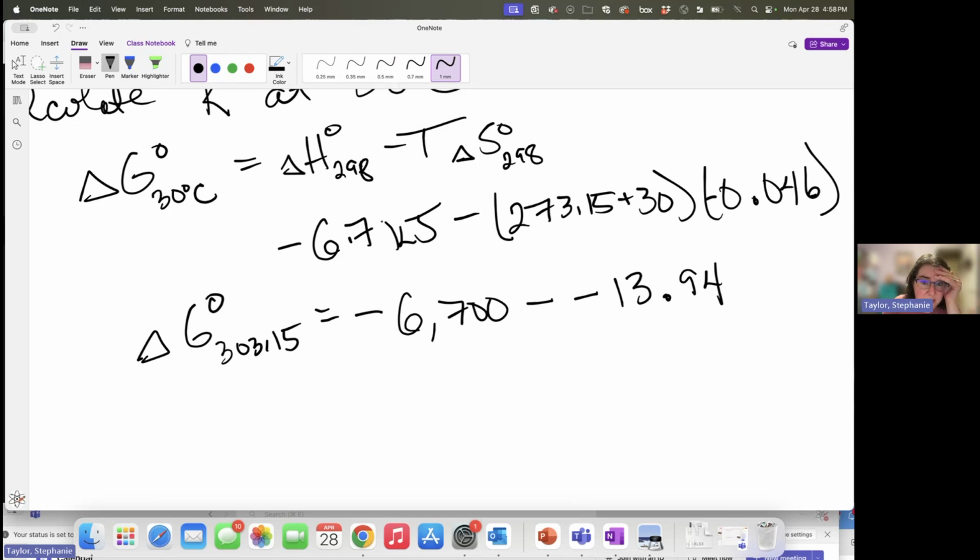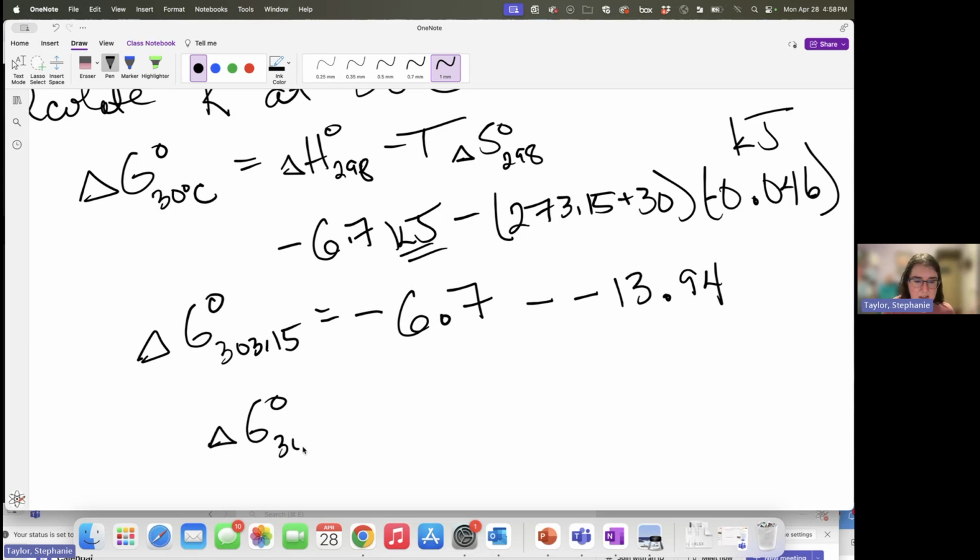This is kilojoules and this is kilojoules, so I can't do both of those. The units have to match. So my delta G standard is 7.24 positive kilojoules.